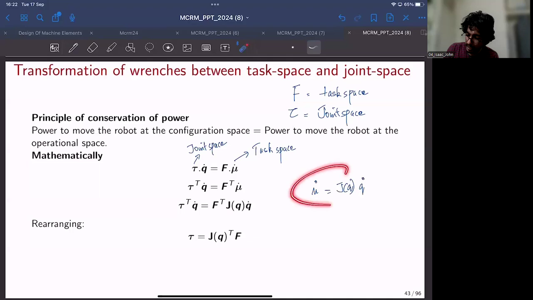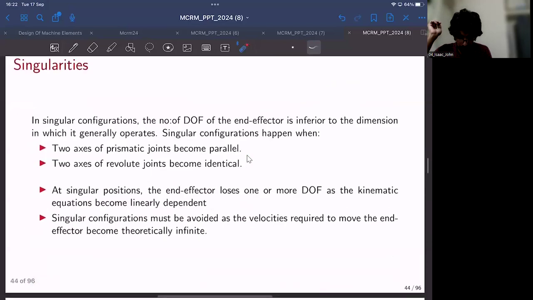And if you combine everything together, finally, you will end up with this relation, which is nothing but tau, the torque in joint space, is nothing but this Jacobian J transpose F. That is how you would be able to get this.